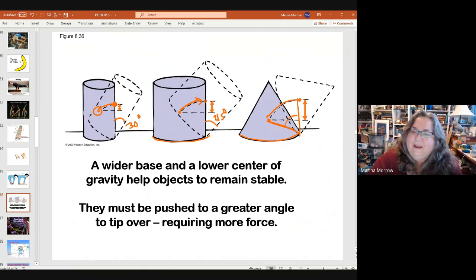This angle is huge. So we're looking at 60, maybe 70 or more degrees there that this one has to tip before the center of gravity actually exceeds the base. Okay, so anyway, wide base, low center of gravity, that helps objects remain stable. And so unstable things, you have to push them further and further and further.